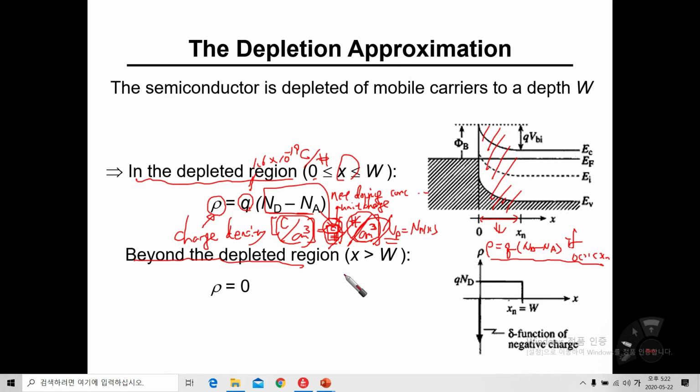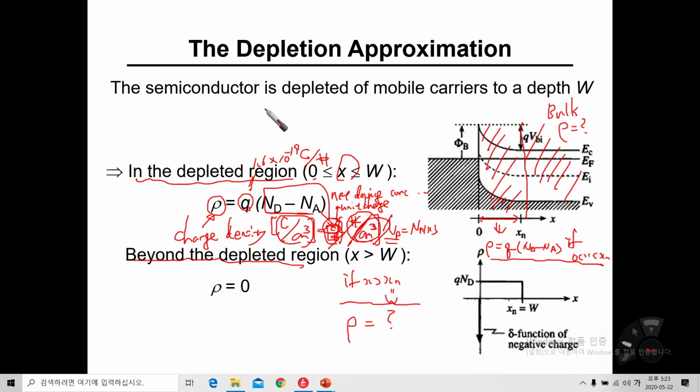In other words, if x is higher than xn, or you can use W because W indicates the width of the depletion layer of the MS contact. So if x is higher than W or xn, what is the charge density? I'm talking about here, in this bulk region of the MS contact.